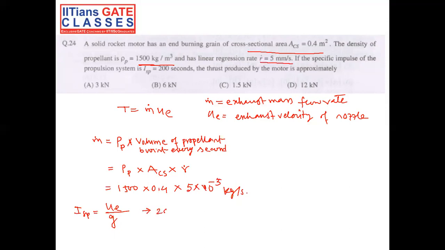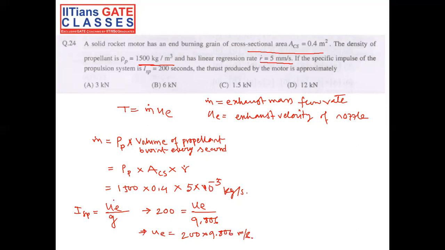This specific impulse is given as 200, which is equal to UE divided by 9.806. So from here we can get UE as 200 multiplied by 9.806 meter per second.